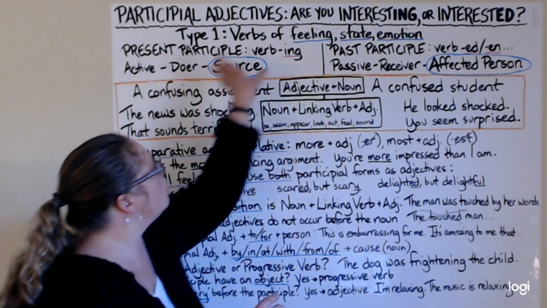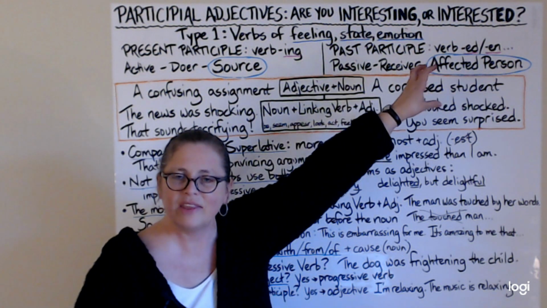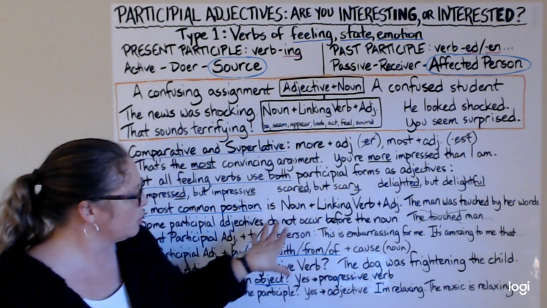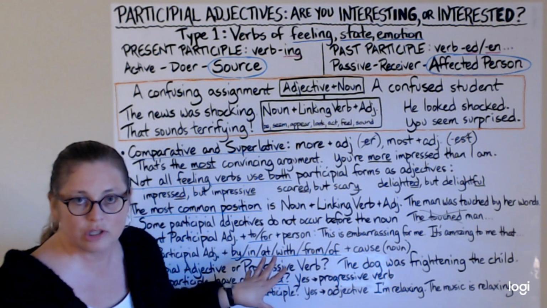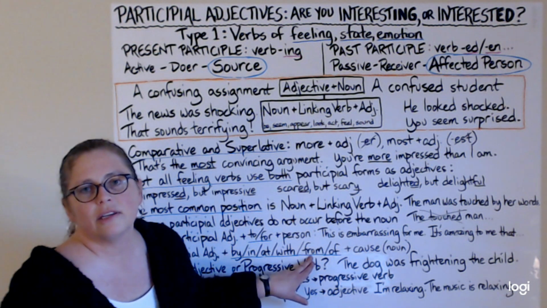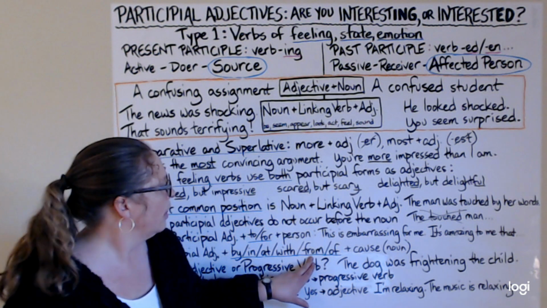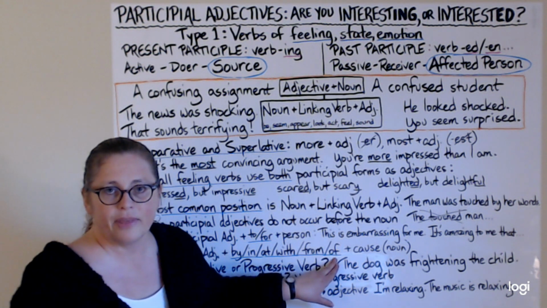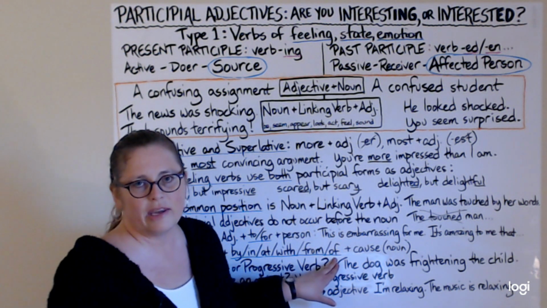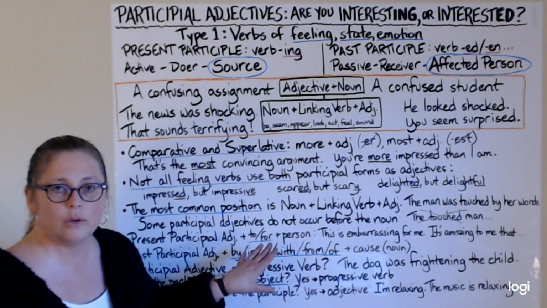So this is when you want to be able to talk about both the cause and the affected person. That's when you need to use these prepositions, right? From, you can be exhausted from a long day's work. Tired of something.